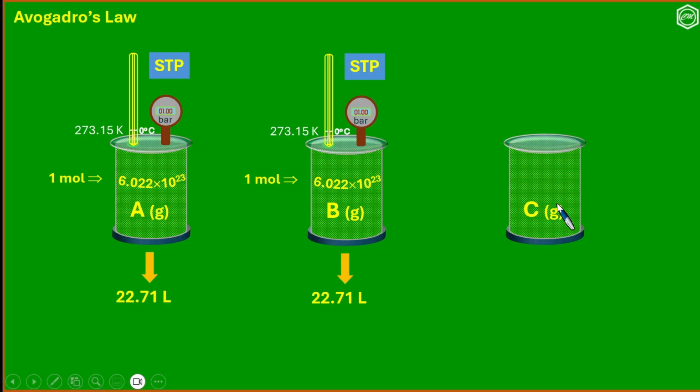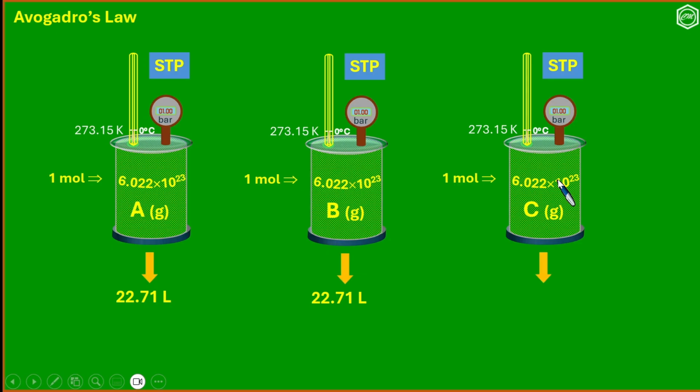Coming to gas C, let it also contain 6.02 × 10^23 molecules, that is 1 mole, at 273.15 Kelvin and 1 bar pressure, that is at STP. The gas will occupy a volume of 22.71 liter.